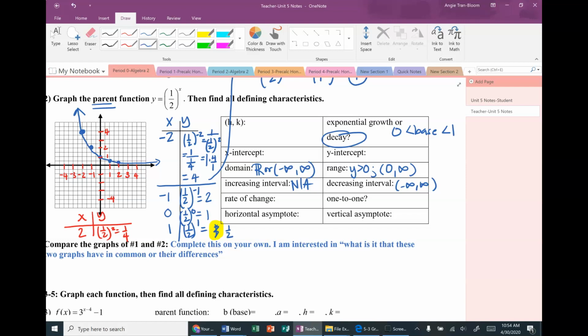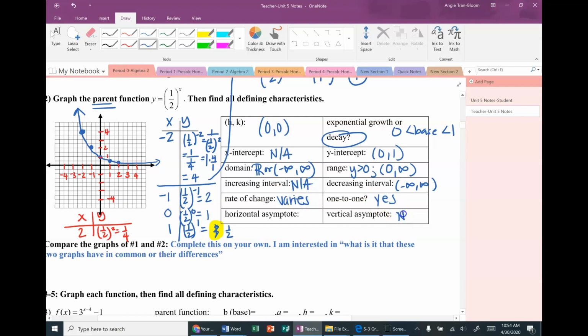Now everything else is very similar. Your h and k currently would be 0. Your x-intercept is when y equals 0. Right now, it looks like you do not have any x-intercept. The y-intercept for all exponential parents will always be (0, 1). Rate of change will vary. It is one-to-one.